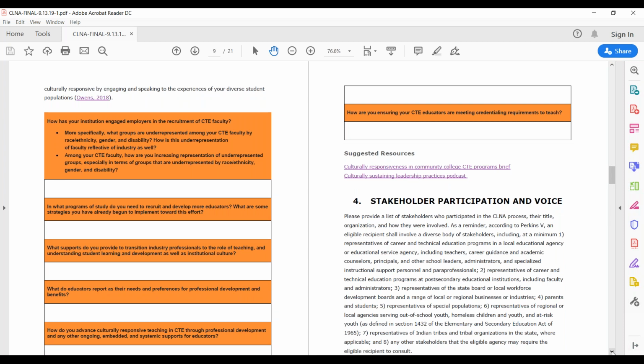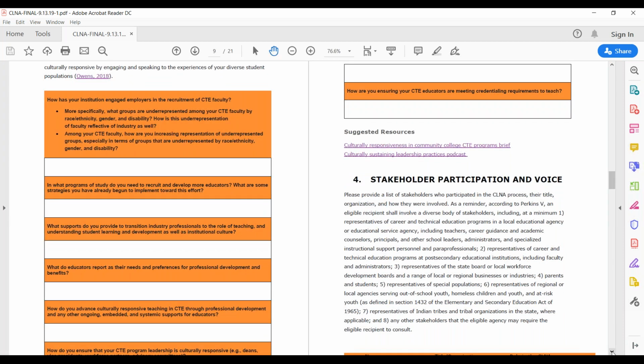I don't know Perkins 5 well enough yet, but Patty, Bonnie, Brittany, is there any comprehensive analysis that our secondary partners who accept Perkins funding are also having to accomplish? And might there be some way that we can merge some of what they're finding out to our dual credit side of the world, and section 4 in particular?